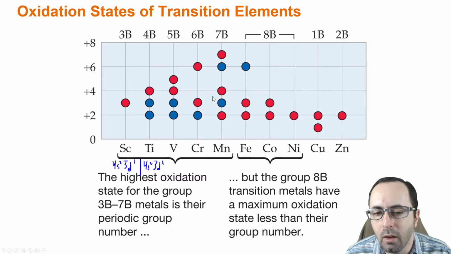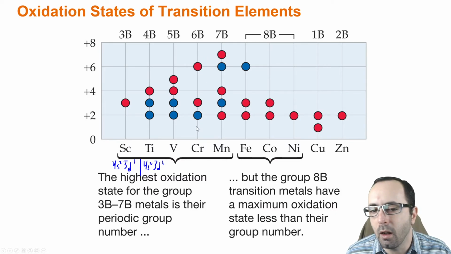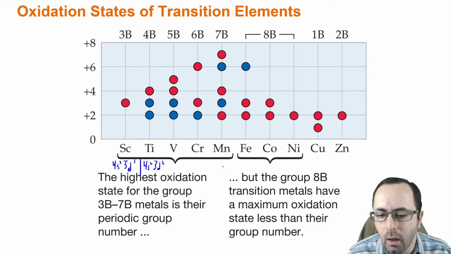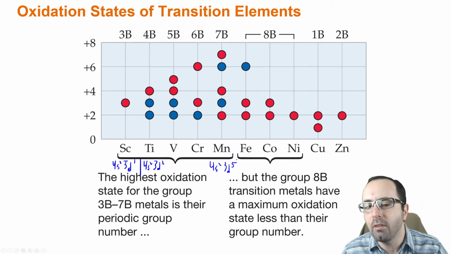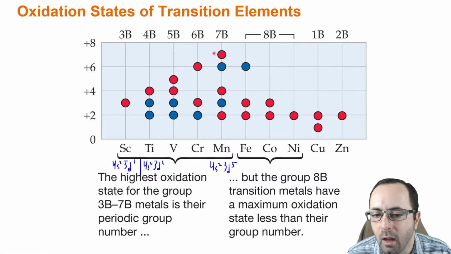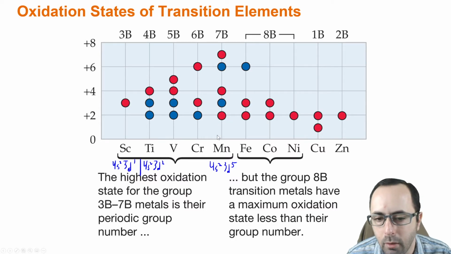For chromium, it'll have 6 available, so it can make an oxidation state up to +6. For manganese, it's going to be 4s2 3d5, so there are up to 7 electrons available to lose. If it loses all 7, it makes a +7 ion. But it can lose many other in-between amounts of electrons.